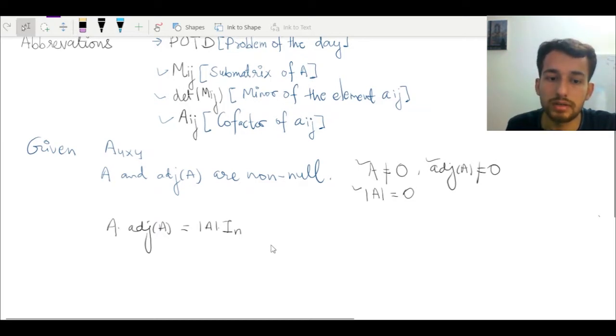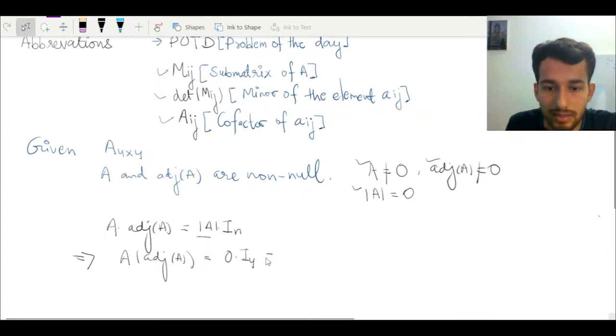Now in particular, for our 4 by 4 matrix A and adjoint of A, and the determinant value given to us as 0, this equation becomes A into adjoint of A equals 0 scalar times the 4 by 4 identity matrix.